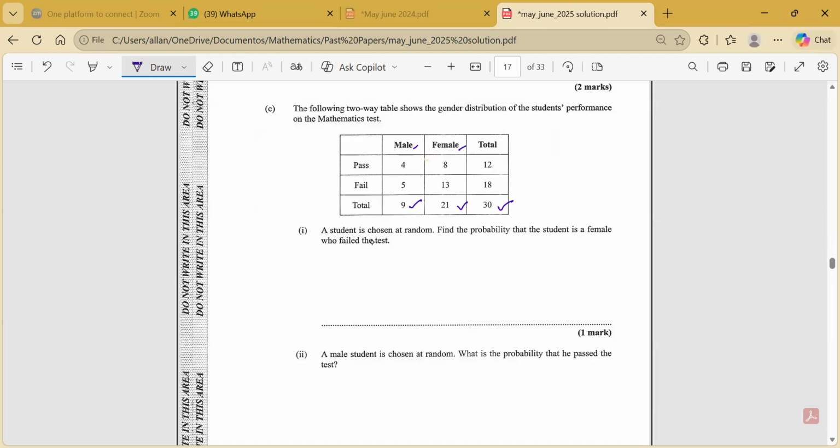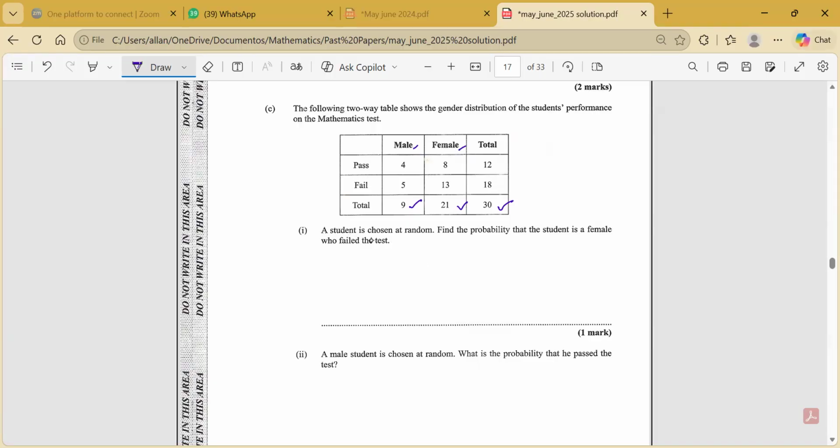So, find the probability. Now remember, probability means the possible outcomes over the total number of outcomes.